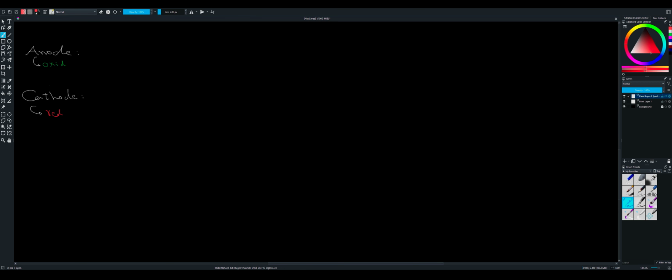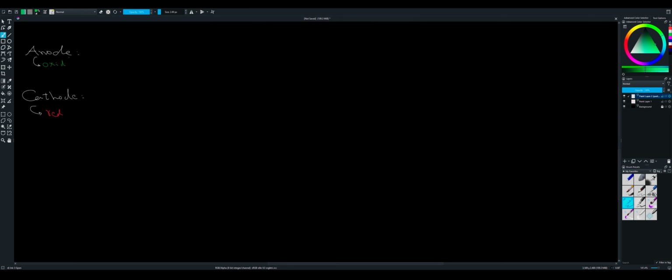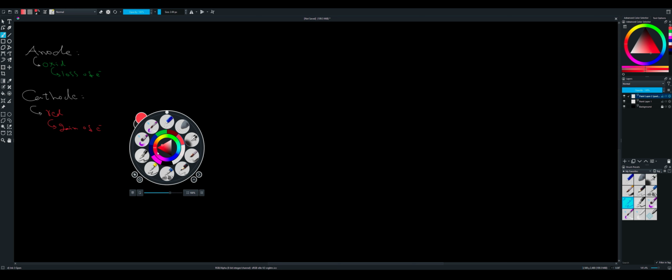Now, at the anode, as we've agreed, we have the oxidation, and oxidation is actually a loss of electrons, while reduction is actually gaining of electrons. All right. So what is the compound that's actually reacting in this reaction?